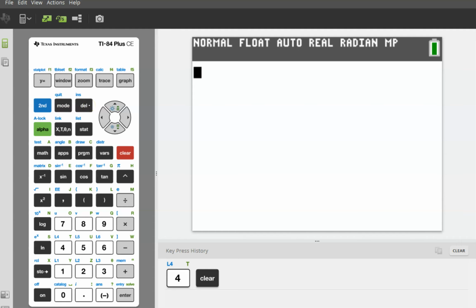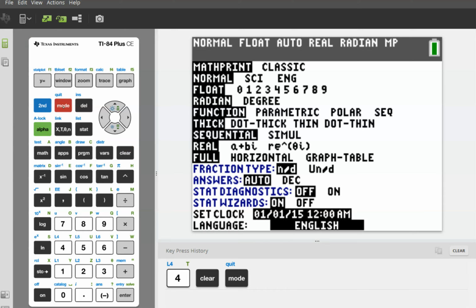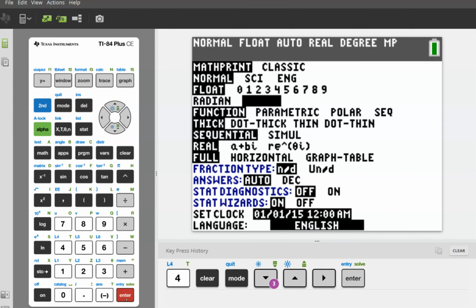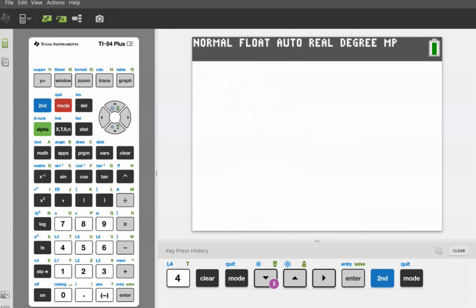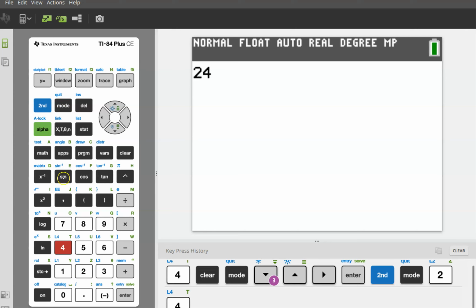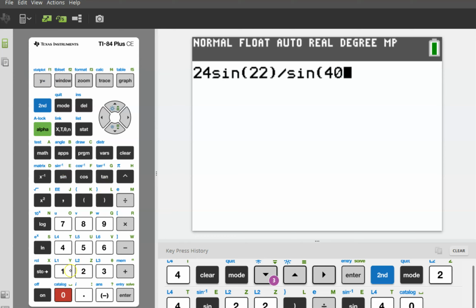So before you do anything else with your calculator, you'll probably want to make sure that you're in degree mode. So I went to mode and then over to degree mode. Okay, so we had 24 times the sine of 22 degrees, and then divided by the sine of 40 degrees.